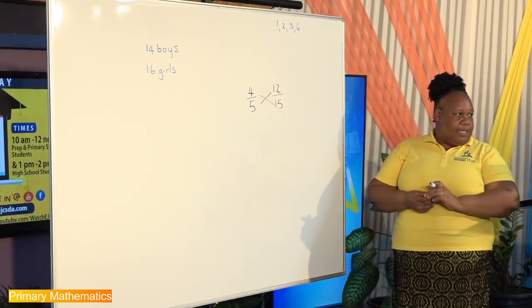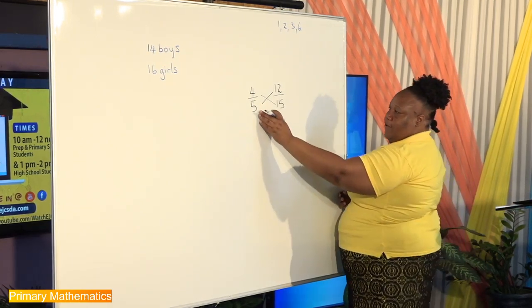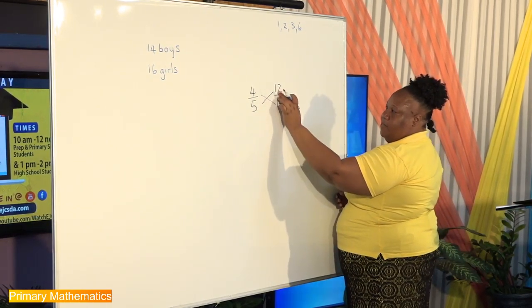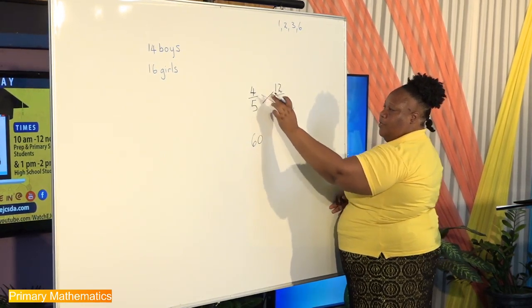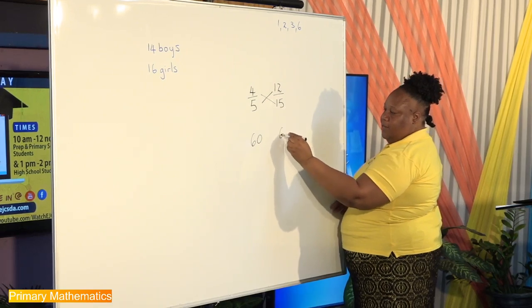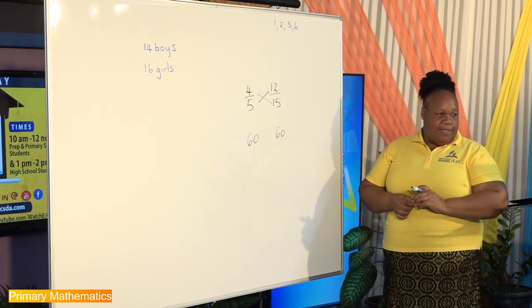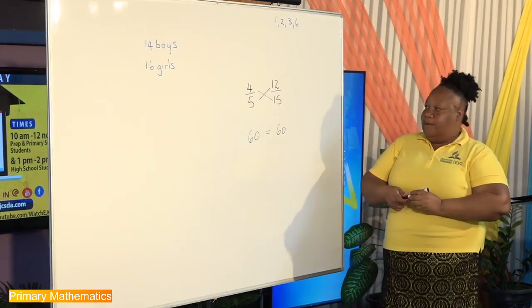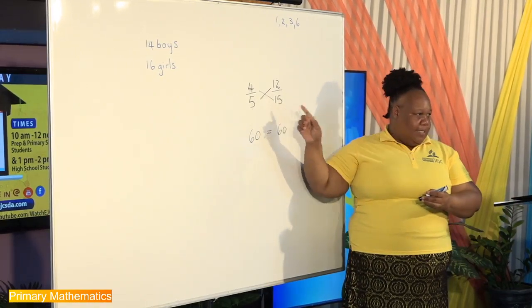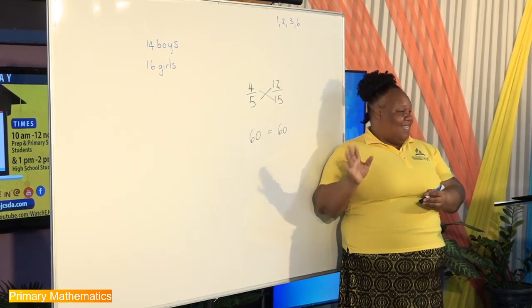Cross multiply to find their product. 5 times 12, 60. 4 times 15, 60. Are they equivalent? Yes. Because when we multiply them across, we get the same, which is 60.